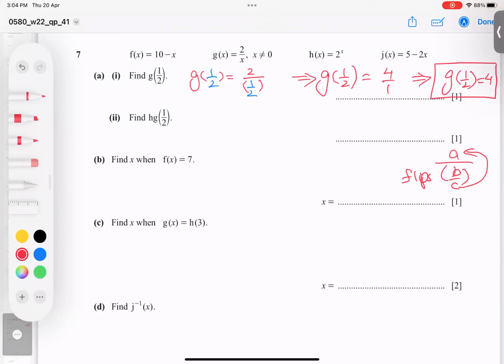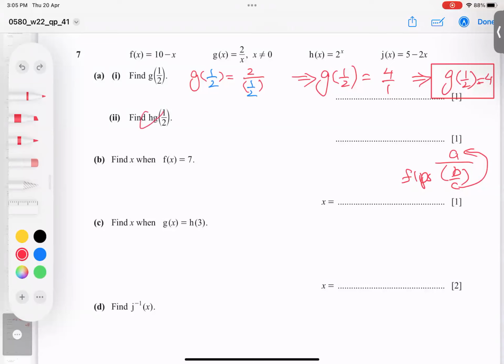We will try our best not to use the calculator a lot, because when you reach higher grades you face difficulty when you don't have a calculator, especially with variables like this form. Anyway, so this g of half is the same.